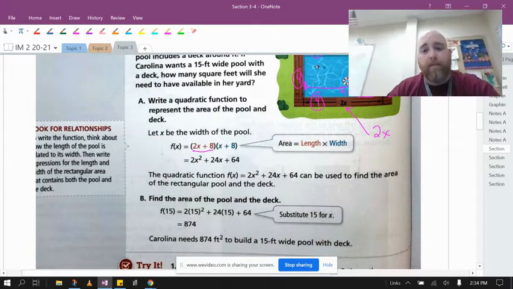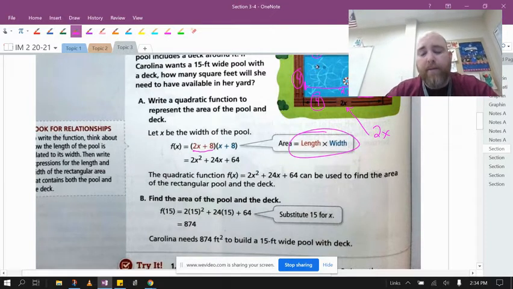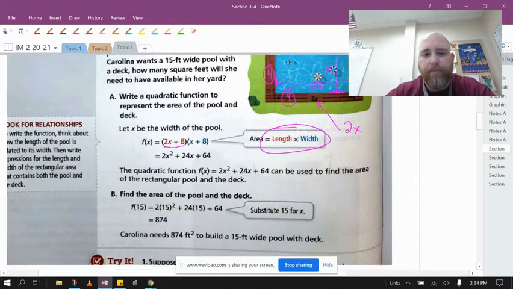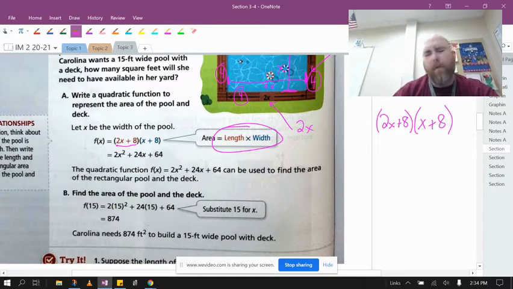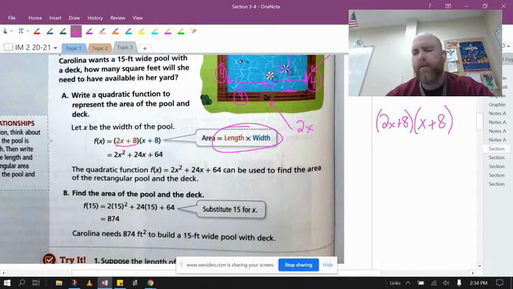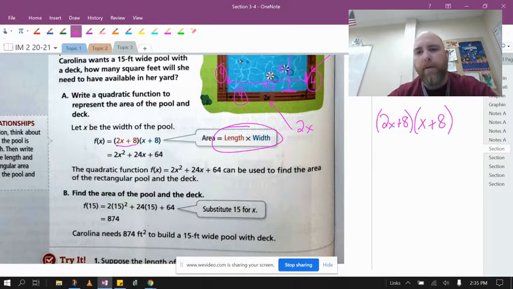The way we find that area is length times width. We've seen that before. And we just multiply those two polynomials, 2x plus 8 and x plus 8.